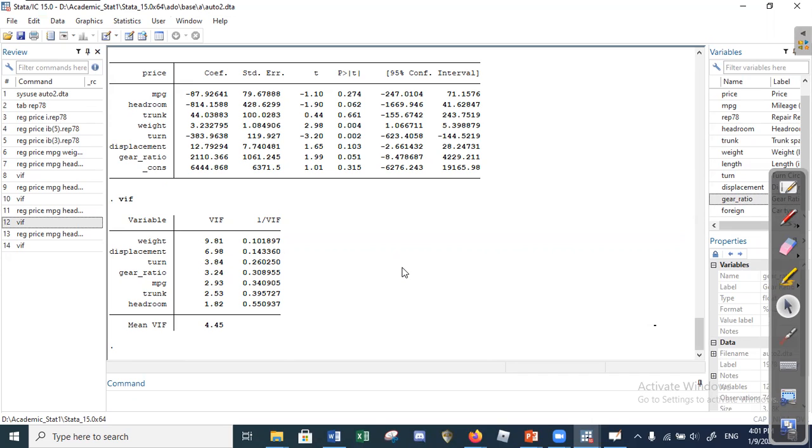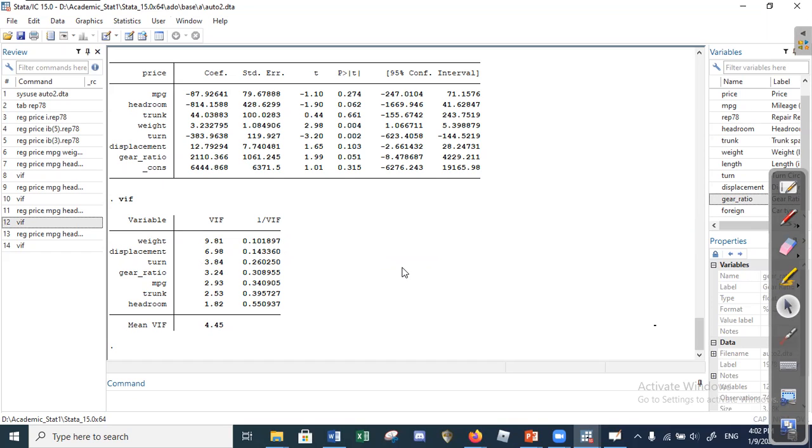When one of them is dropped, then the problem is solved. Then you, as a researcher, can decide whether length is more important for you as compared to weight, or whether weight is more important for you as compared to length, right? Which one you can take the risk to drop and which one you would like to keep.